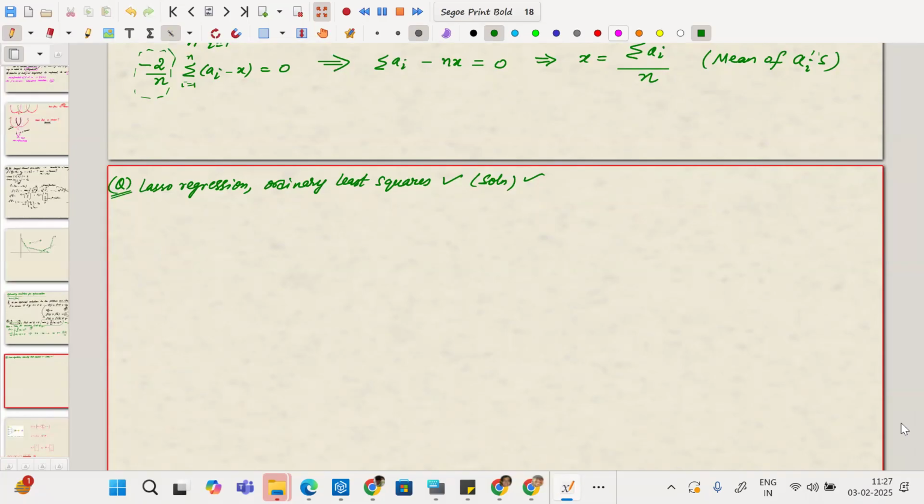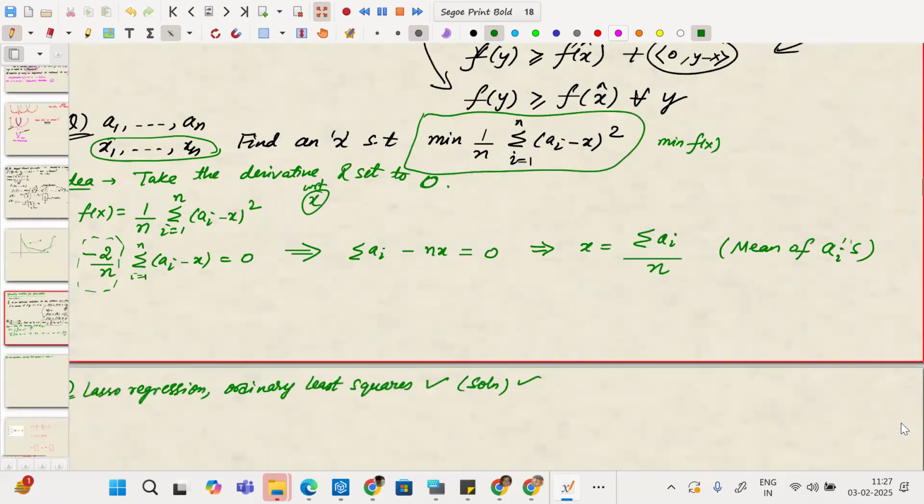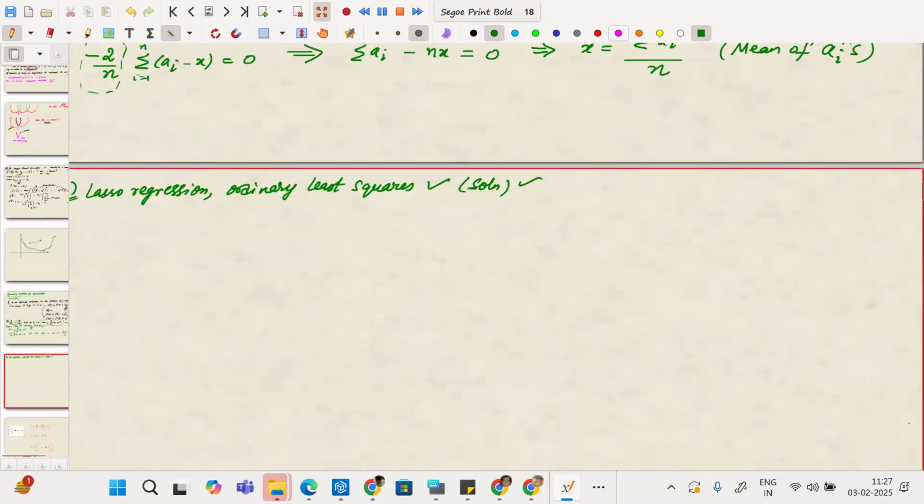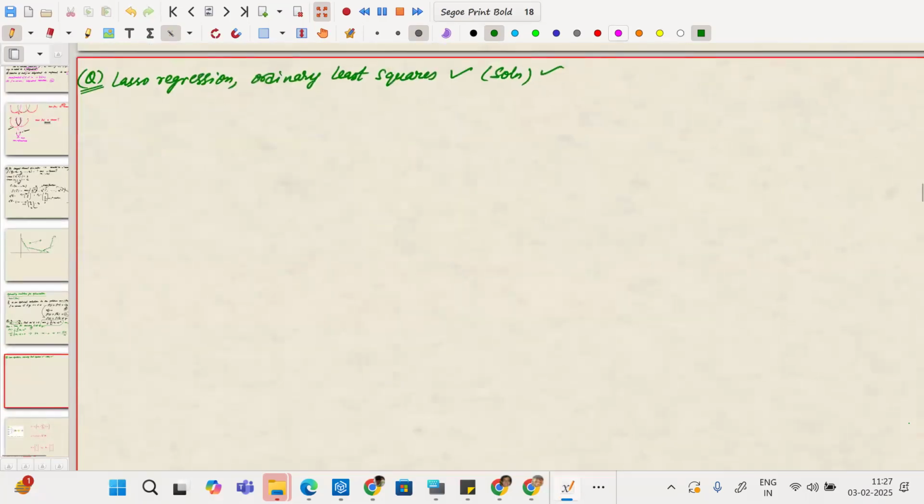Okay, let us see. What you did in this example was take the mean of the squares, a minus x whole square. Now, a very similar question, but you will be surprised to see this: sum of absolute values.